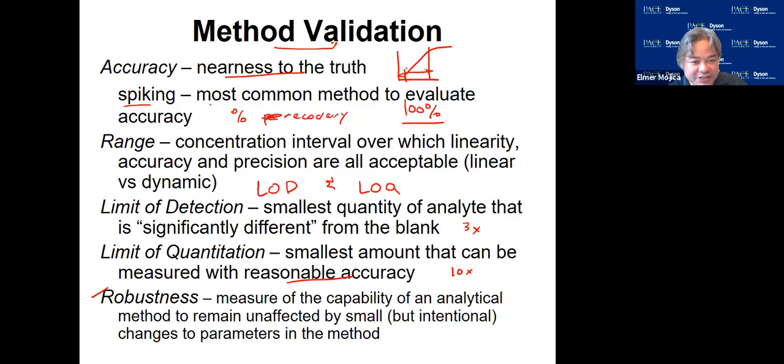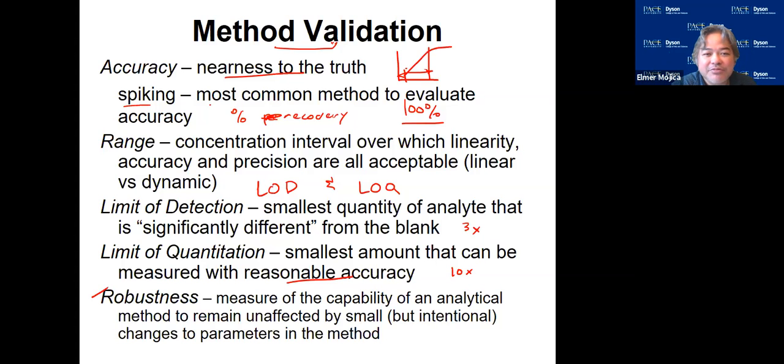That's how they define robustness. These are what we call the stuff that you need to validate the method. Once you meet everything here, your method can become the so-called standardized method.